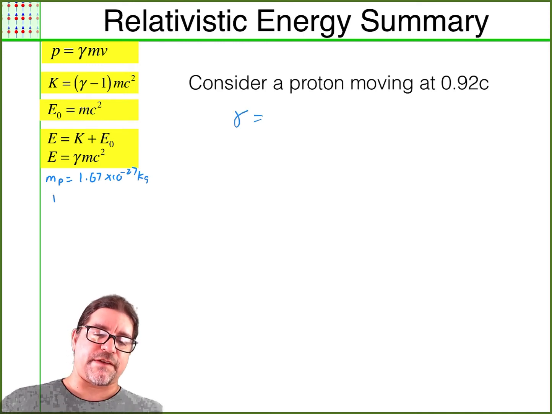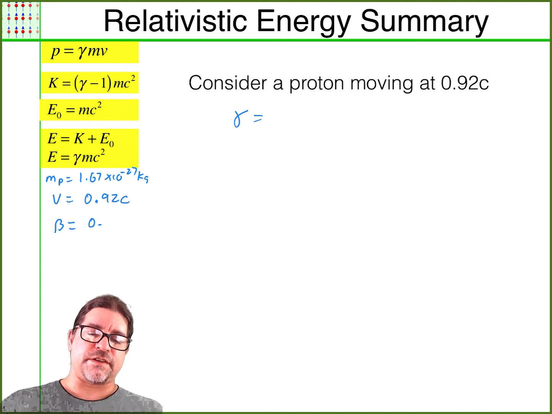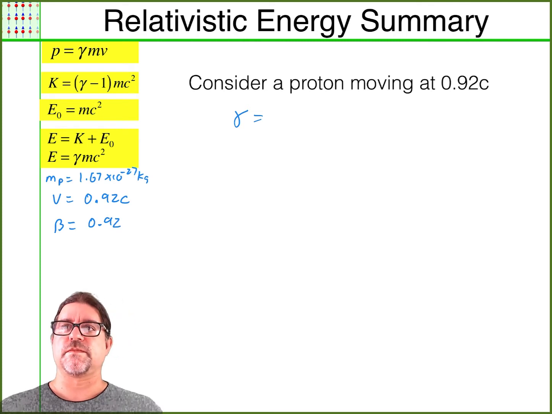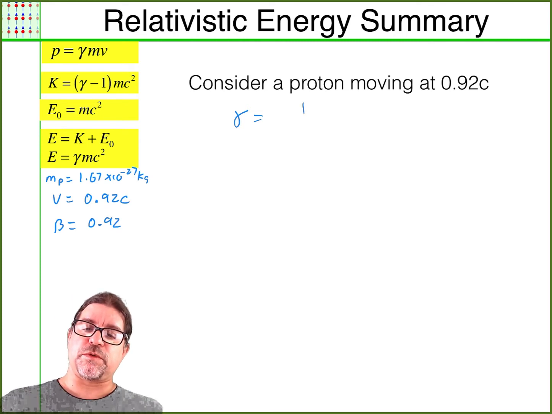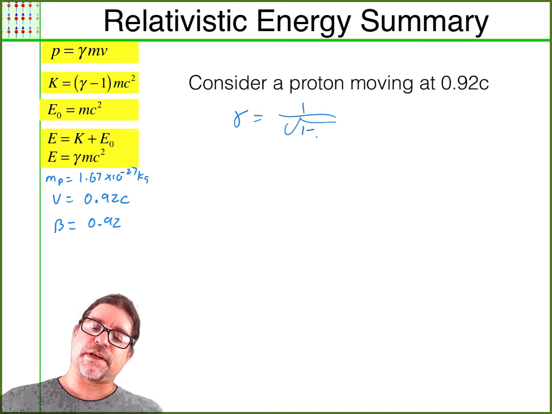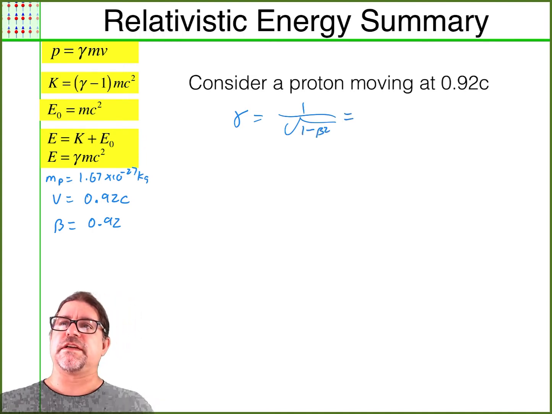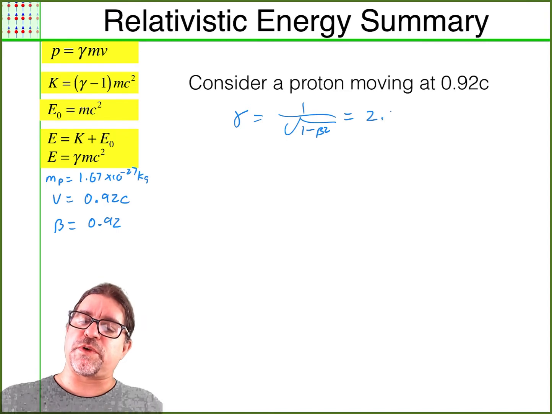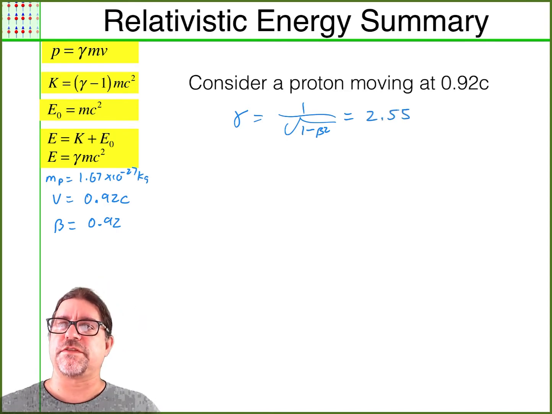The speed is 0.92 c, so beta is 0.92. Gamma is 1 over the square root of 1 minus beta squared. That works out to about 2.55, just to give you an idea.